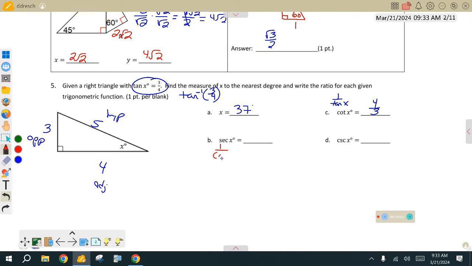S goes with C. So I'm going to go get cosine first. Cosine is what? 4/5. The reciprocal of 4/5 is what? 5/4. C goes with S. Cosecant goes with sine. Reciprocal of sine. What is sine? 3/5. So what do you get? 5/3.